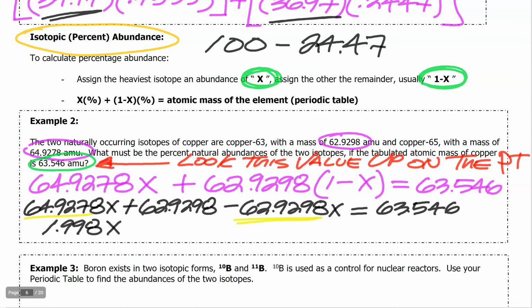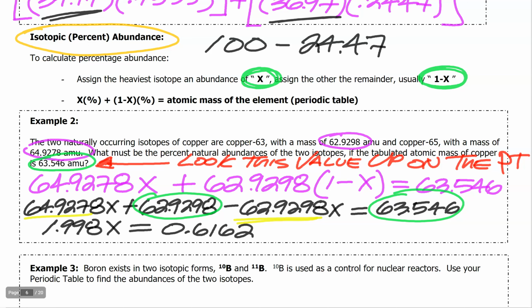And then we're going to take this 62.9298, and we're going to subtract it from 63.546 because I want it on the other side of the equation. And so when I do that, 1.998x is going to equal the remainder, which is 0.6162. All right, solve for x.